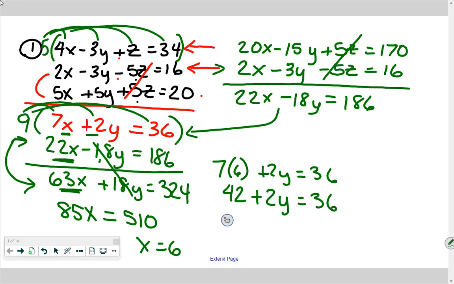Then I would move the 42 over, and the last step, that would give me a negative number, then I would divide by 2. So my y would be negative 3.